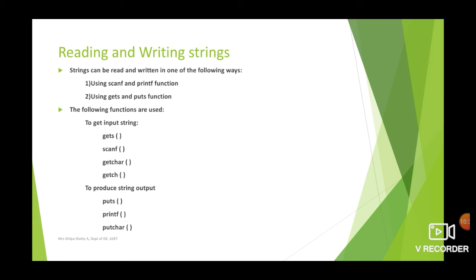Altogether, the functions that can be used with strings are gets, scanf, getchar, getch. These functions are used to read the input string. Also puts, printf and putchar are used to display or print the string.